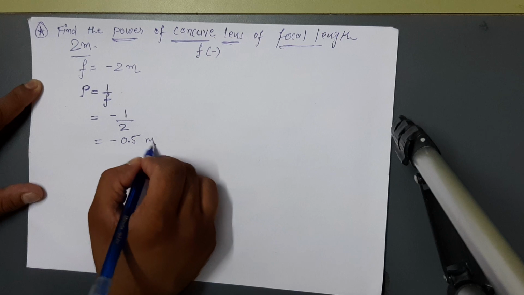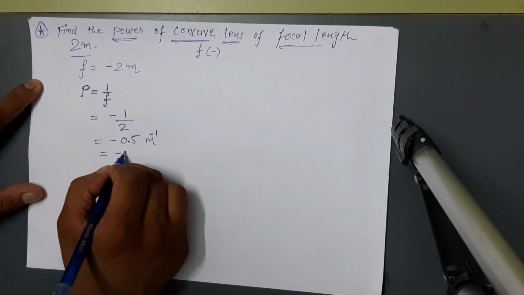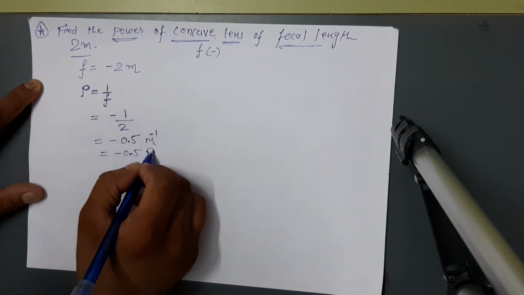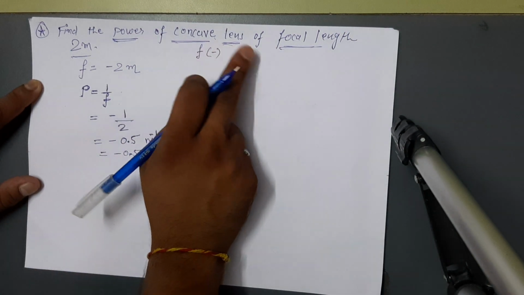We can write the unit as meter inverse, or we can also write it as minus 0.5 diopter. This minus shows us that our lens is a concave lens.